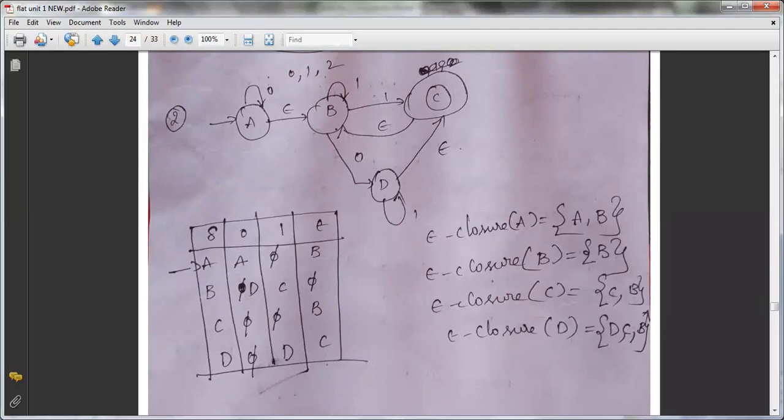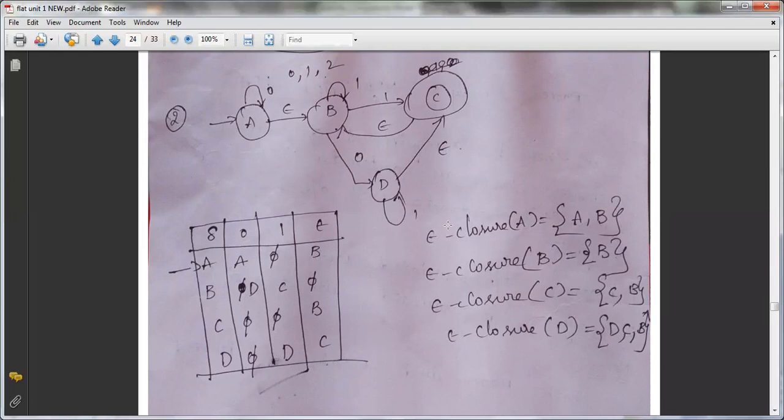Based on your epsilon closures only, you'll get the output here, that is, the NFA without epsilon moves. So the main part is the calculation of these epsilon closures. Epsilon closure calculation is nothing but, from that particular state, by giving the input as epsilon, where it is going. Whether it is going to the next state or it is not going anywhere.